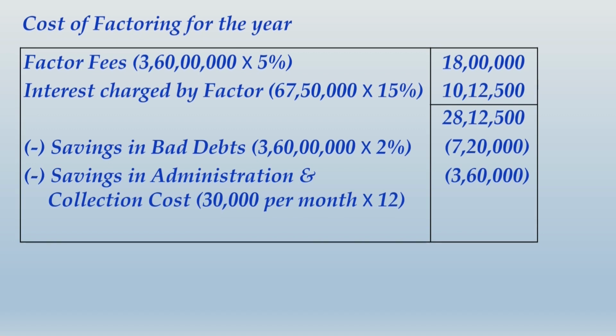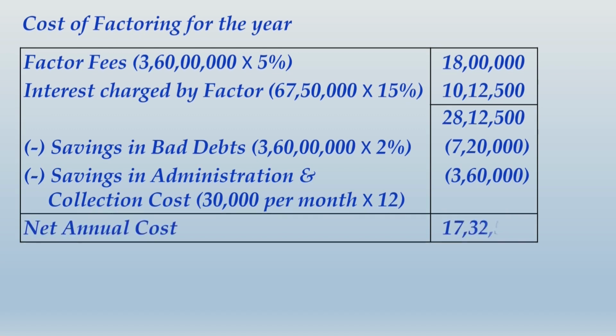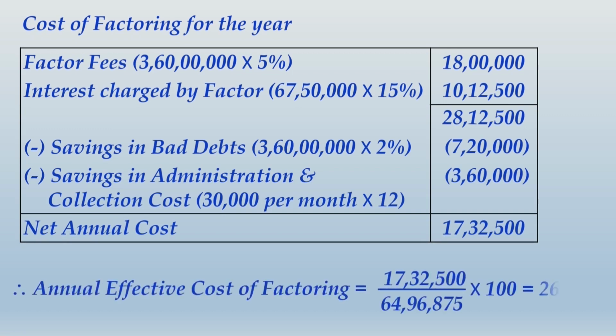These two amounts of savings do not change whether it is case 1 or case 2. The net annual cost comes to 17 lakh 32,500. This will be divided by the net amount actually advanced to compute the percentage, that is the annual effective cost of factoring by percentage.